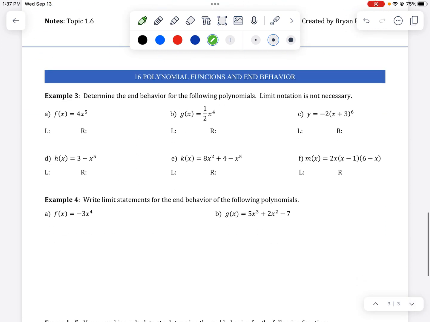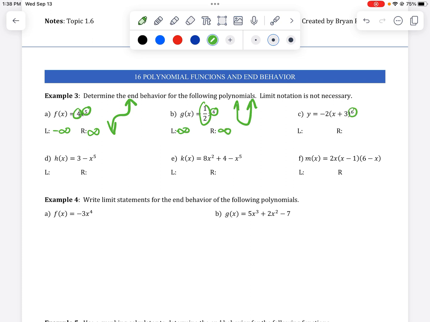So when we take a look at this, we know that this is odd degree, so it's going to end like this. It's an odd degree, so it's a squiggle, and it's a positive out in front, so it goes up. So our left would go to negative infinity, our right to positive. Even degree and positive, so it's going to end up like that, positive and positive.